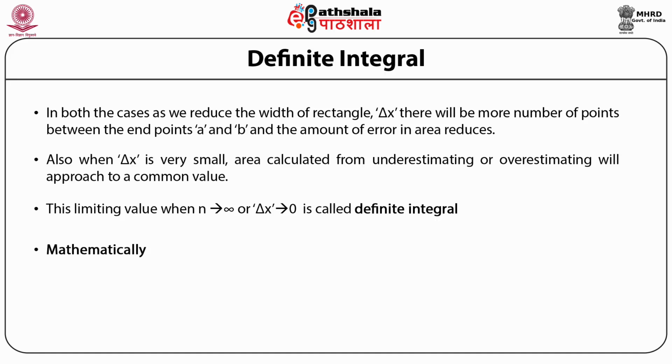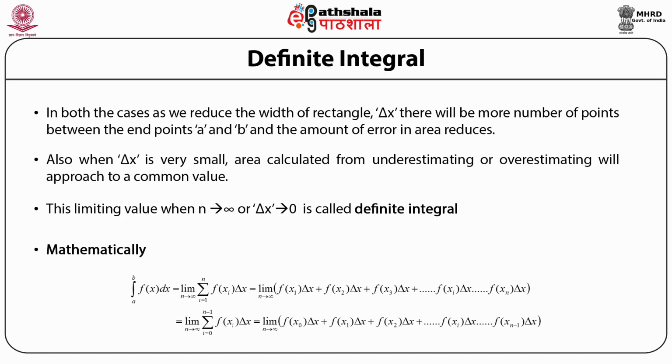Mathematically, the integral from limits a to b of f of x dx can be written as the limit as n tends to infinity of the sum, with i changing from 1 to n, of f of xi delta x.